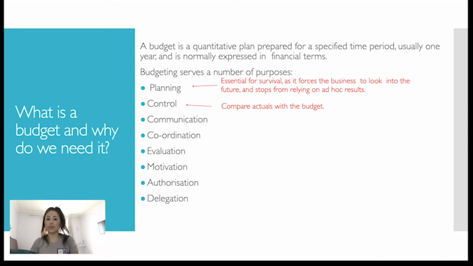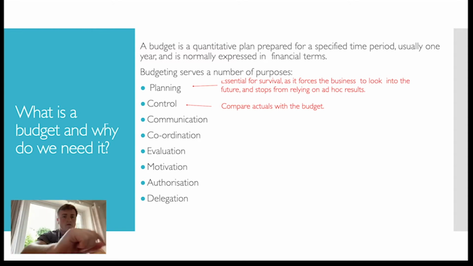Control is also very effective, as this is how a company monitors how it's doing. This is by comparing actual results to the budgeted results. Other benefits include communication within the firm, coordination, evaluation, motivation, authorization and delegation.